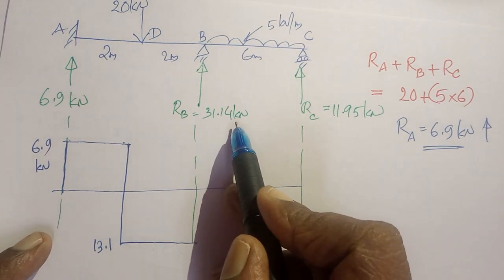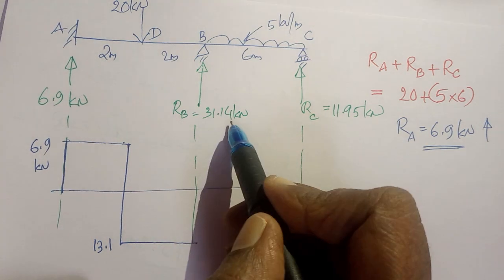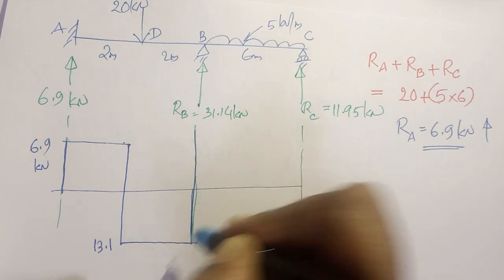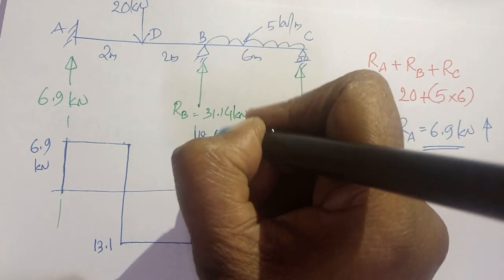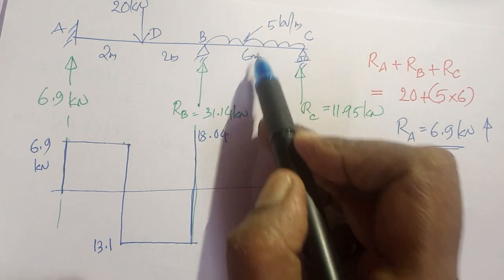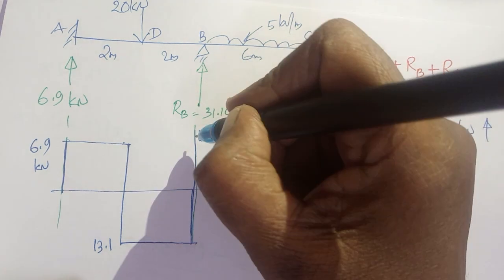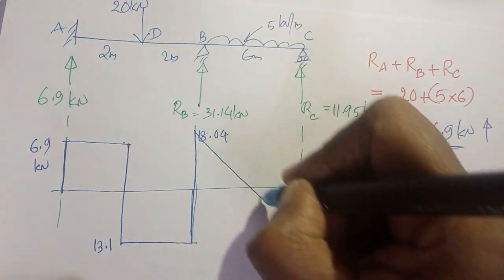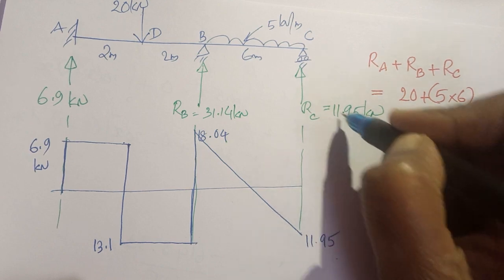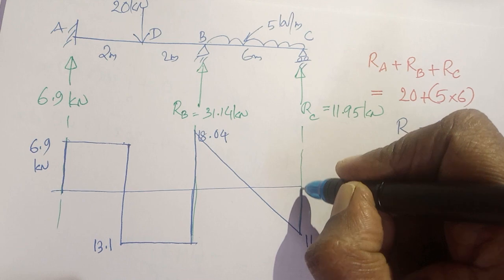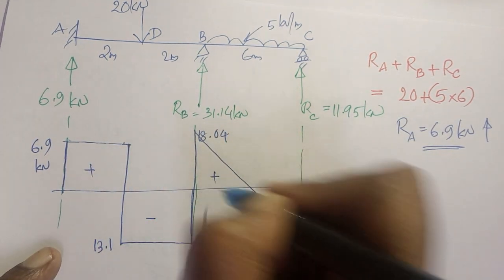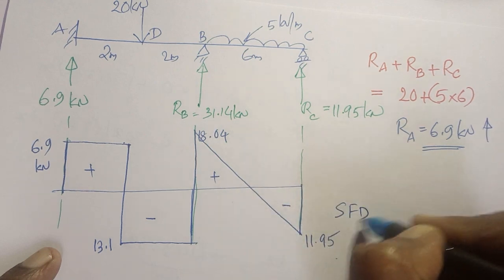Then 31.14, so minus 13.1 plus 31.14 will be 18.04. Now here it is uniformly distributed load, 5 into 6, 30. So 18.04 minus 30 will work out to minus 11.95. Then there is reaction 11.95 upwards. So this is positive, negative, positive, negative. This is the shear force diagram.